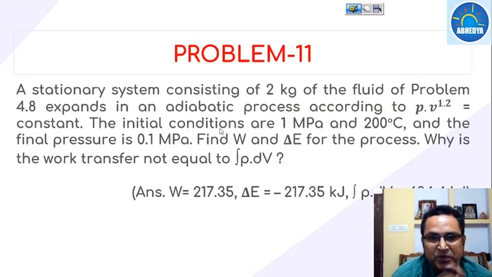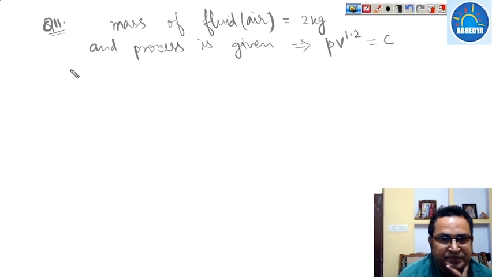PV raised to the power 1.2 equal to constant. The initial conditions are 1 megapascal and 200 degree centigrade. So initial condition P1 is 1 megapascal and temperature is 200 degree centigrade.